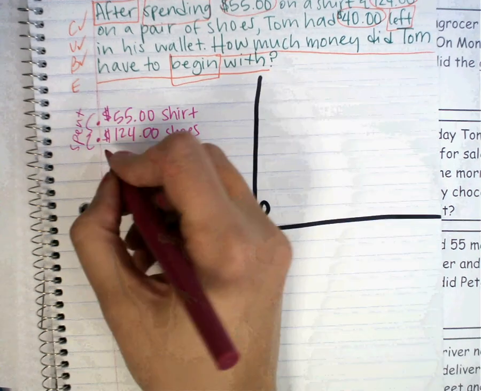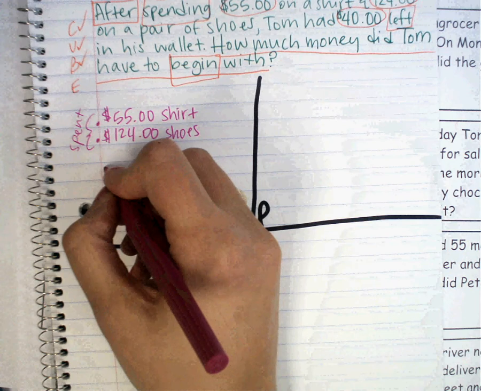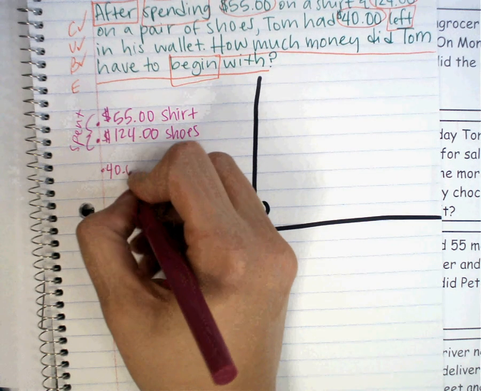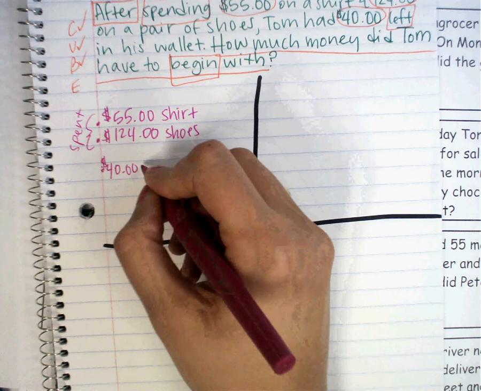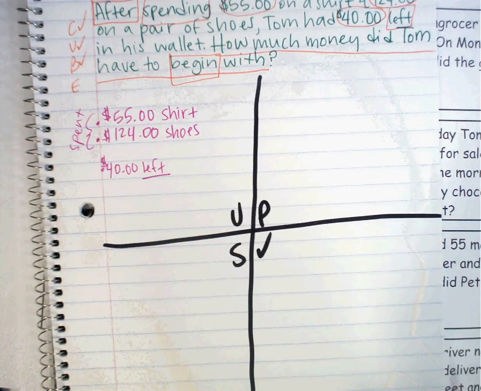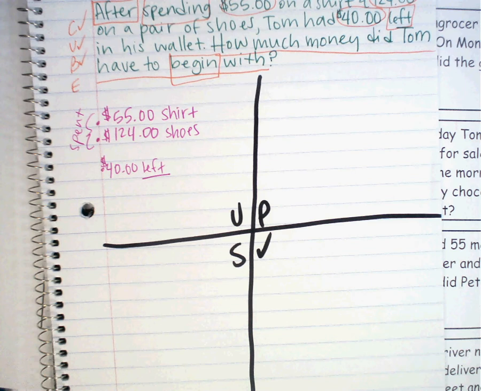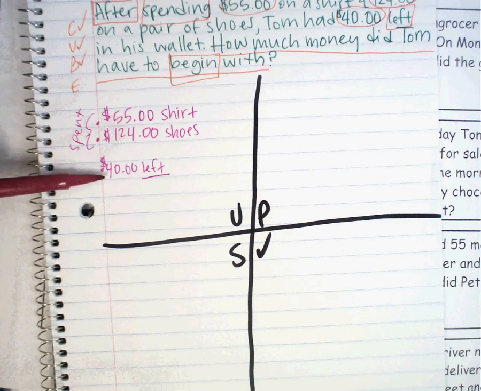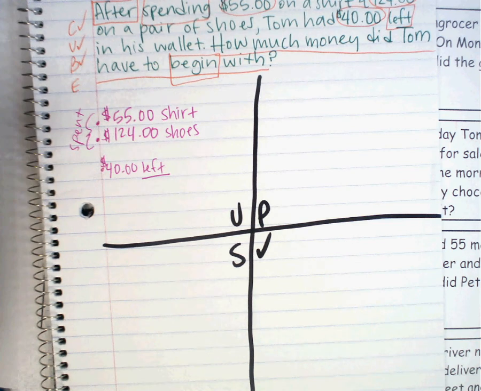And then he had $40 left, right? Left is important because that means it's what was remaining, right? It was that other part of his money. So here's part of his money, here's part of his money, here's part of his money. So that we are trying to find, so let's fill it out.